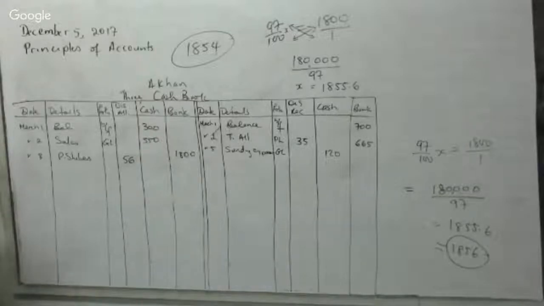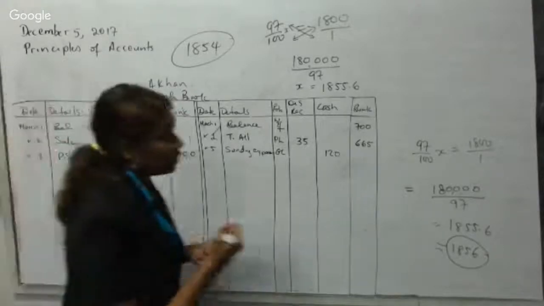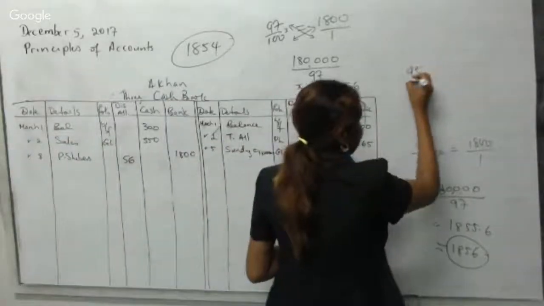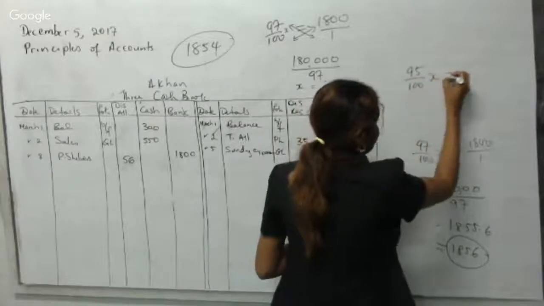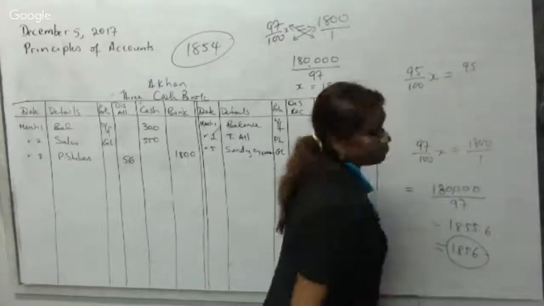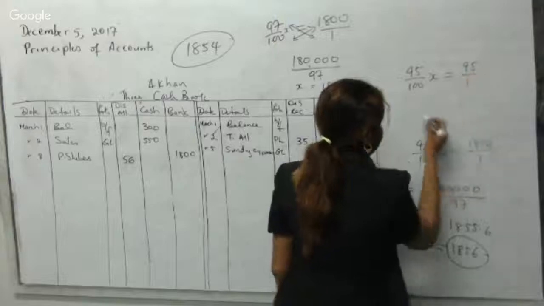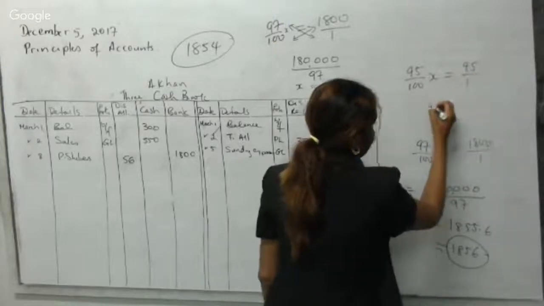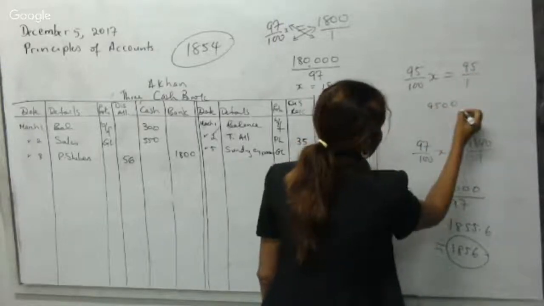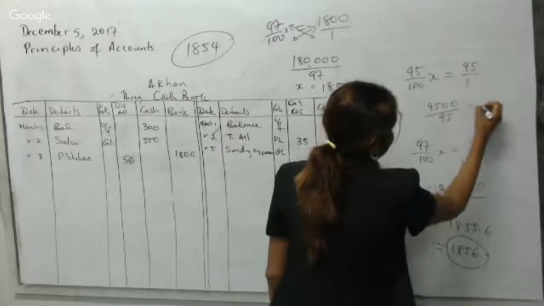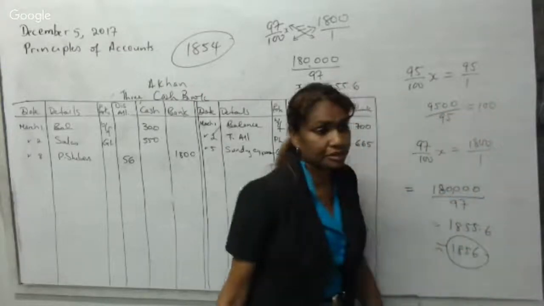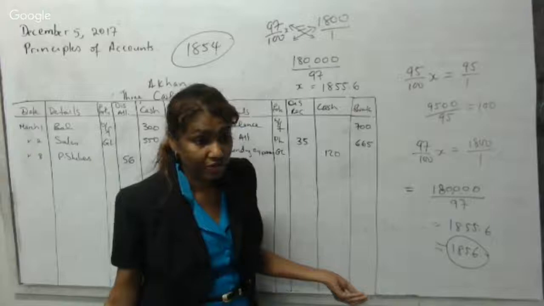It means that the $95 you received is 95% of whatever the whole was. So if you're going to find that X, 95% of X is equal to 95, and you work backwards to find it. 100 times 95 will give you 9,500. Divide by 95, which will give you 100. So therefore, the whole was 100.